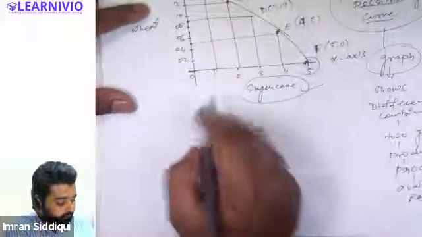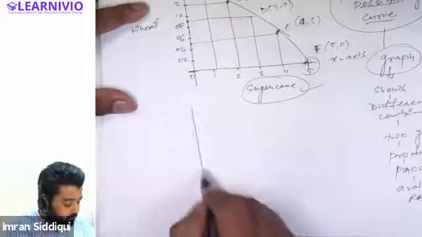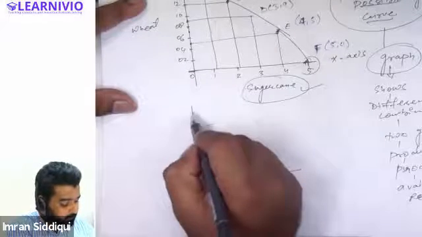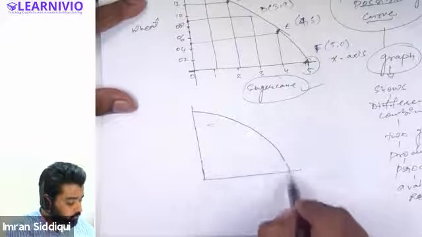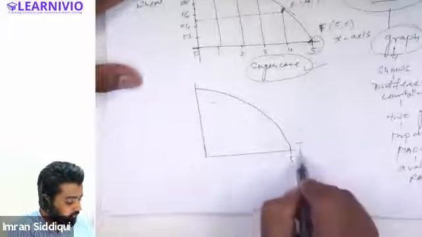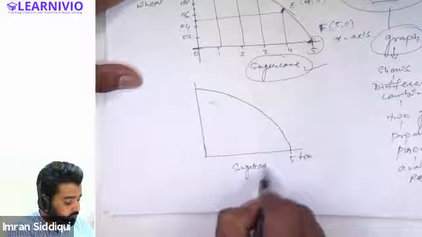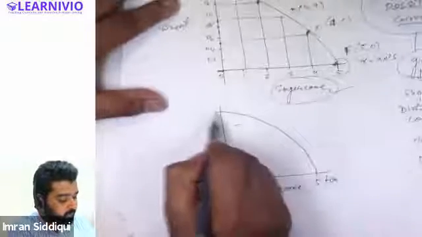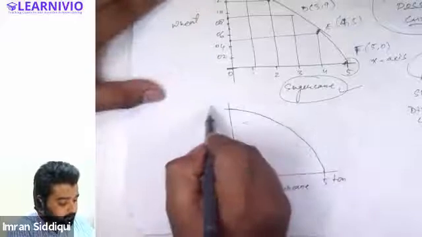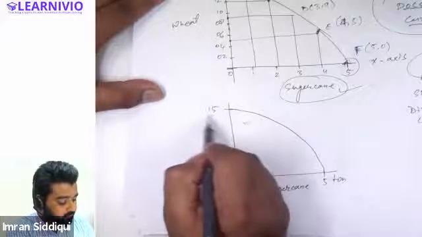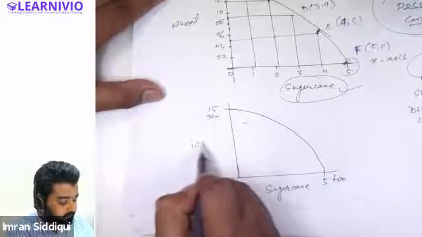So basically, what this graph is showing is that the producer can produce a maximum of 5 tons of sugarcane, right? He can produce 5 tons of sugarcane maximum, or he can produce a maximum of 15 tons of wheat.